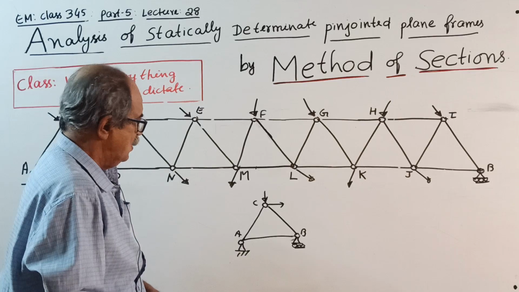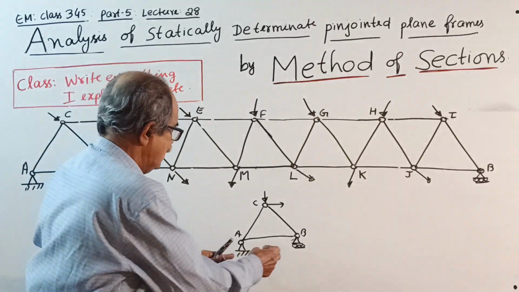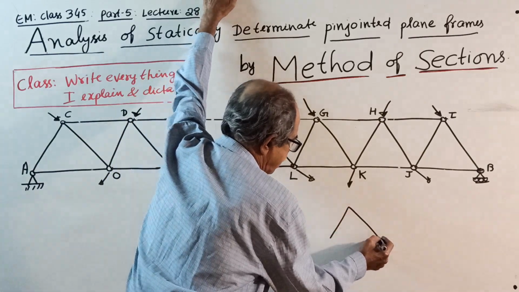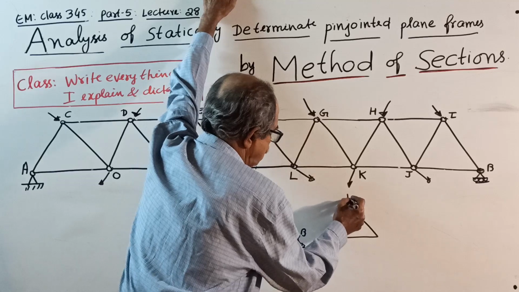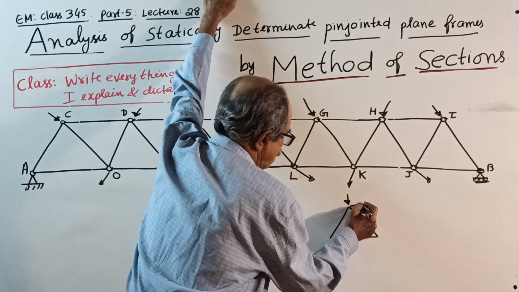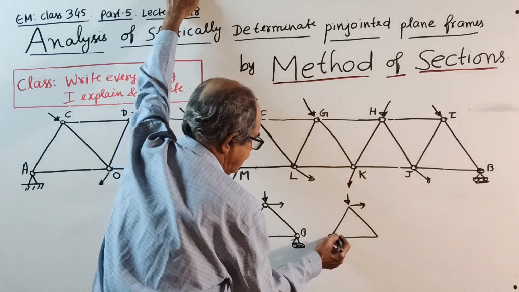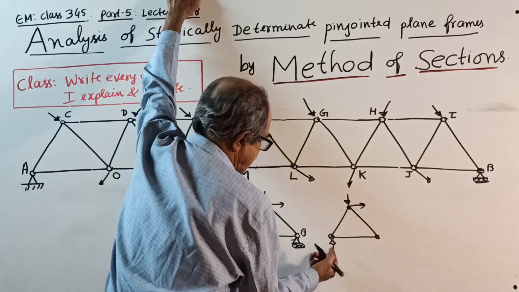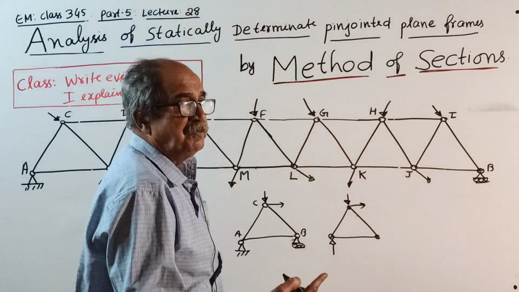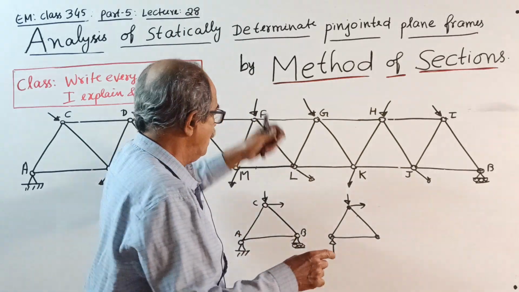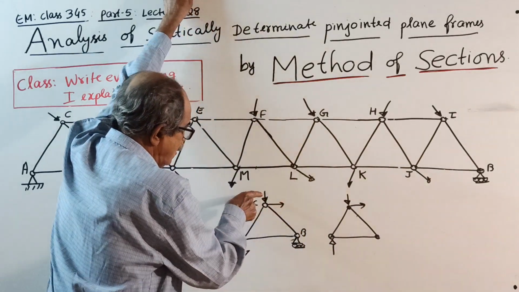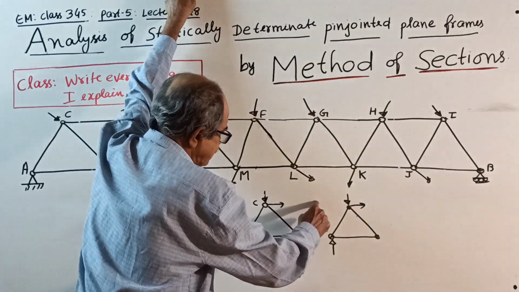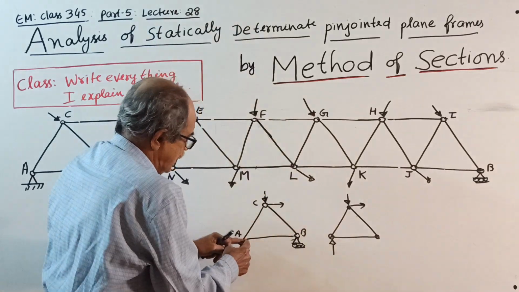Now, what I will do first, I will find support reactions. Consider this load. A, B, this is a pin, and then the vertical reaction here can be either upward or downward. I cannot tell because it depends on what this load is and what this distance is.